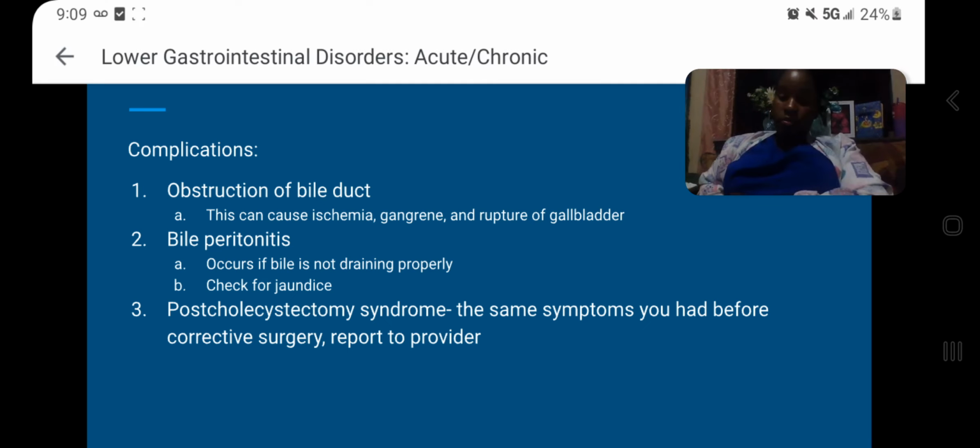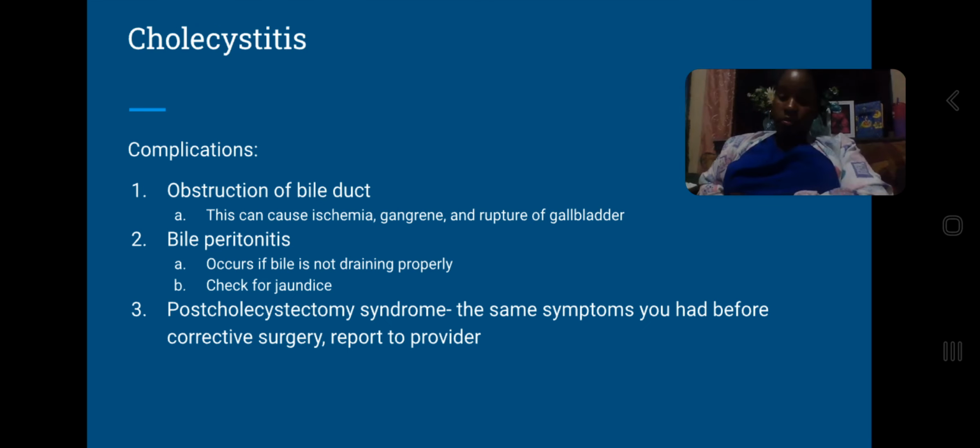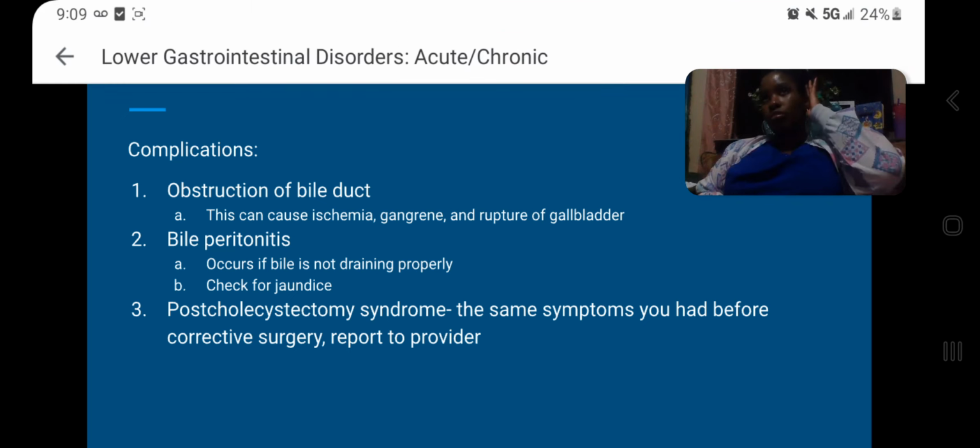It's important to know that gallbladder inflammation can be caused by other things besides stones. You can have bacteria, trauma, or a weakened immune system. Infection is secondary to it bursting.